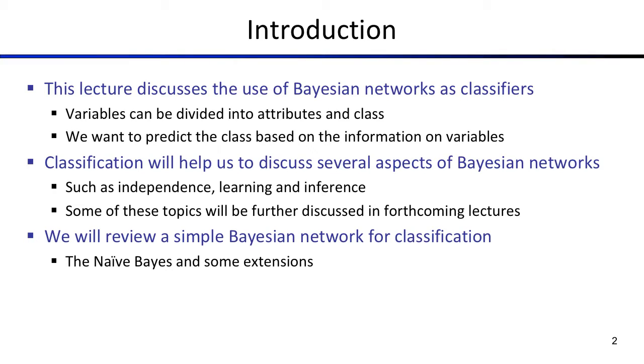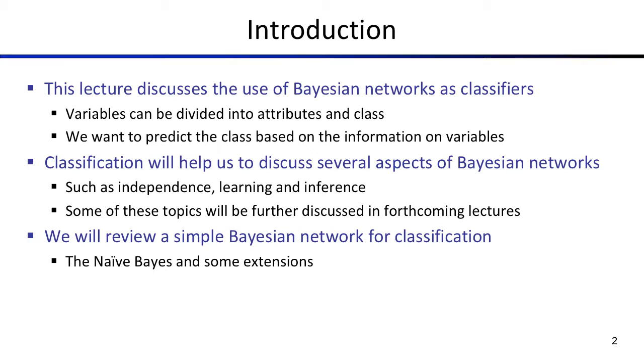But in this lecture, we're going to discuss Bayesian networks as classifiers. So we're going to split all the variables that we have for a certain domain, for a certain data set, into two groups: the attributes and the class variable. And we will try to predict the class variable based on the information that we have for the attributes.